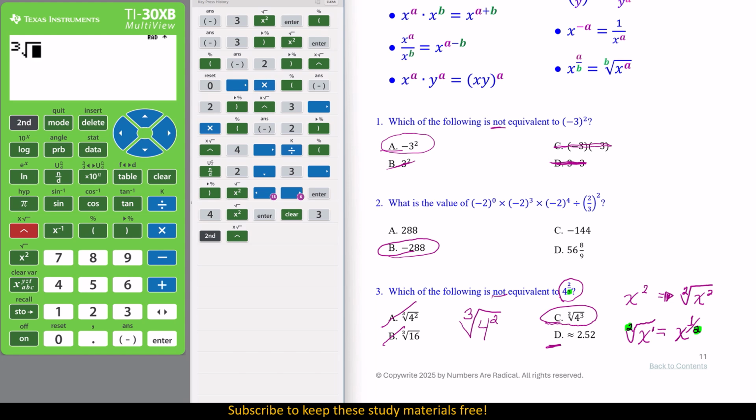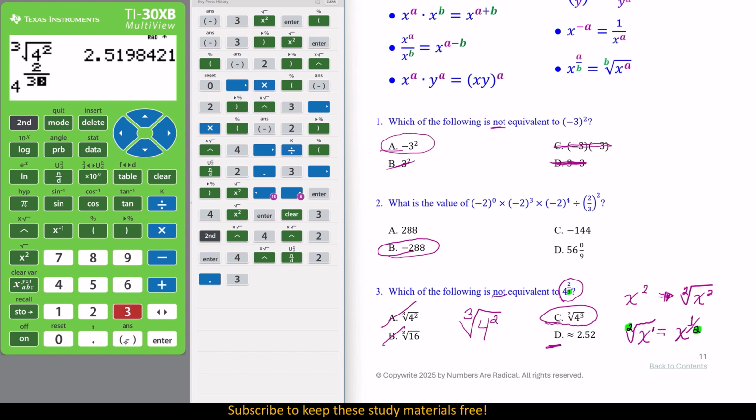So we have it set up. Now I have 4 caret up, square it. There's my decimal. Now let me put in the given as we saw it. 4 caret up, put in my fraction, and that is 2 over the 3.